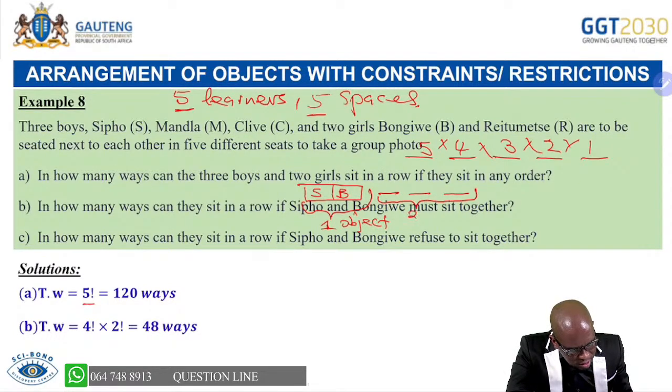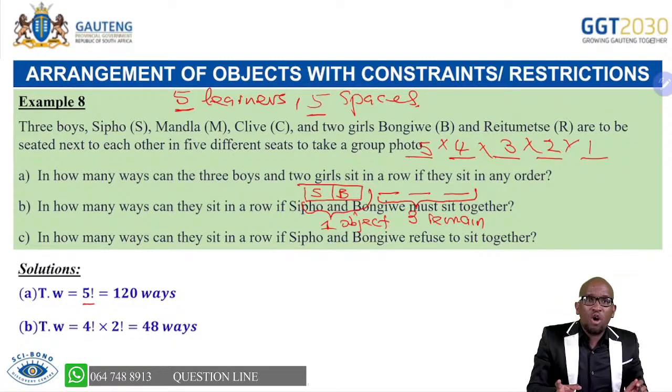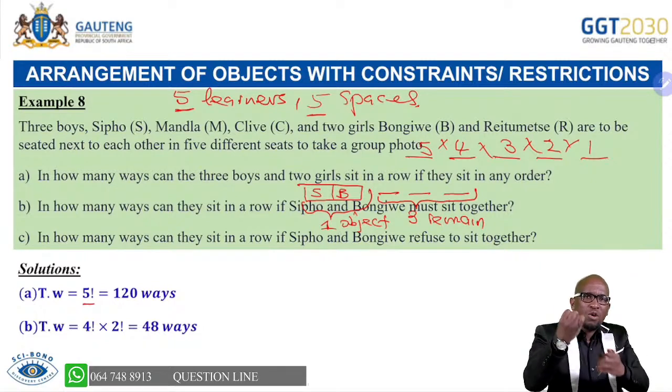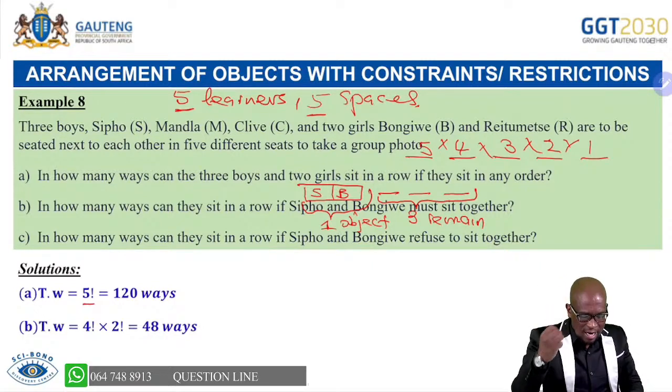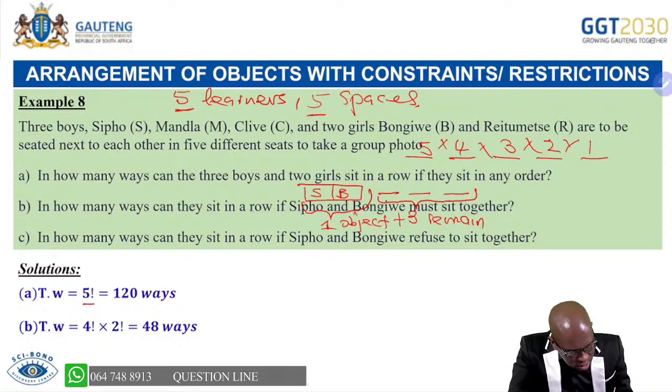It's 3. 3 remain. So now, how many objects do you have in total to arrange? It's the one object which comes from grouping Sipho and Bongiwe, and then we are left with the 3 other learners. So we have 4 objects to arrange.